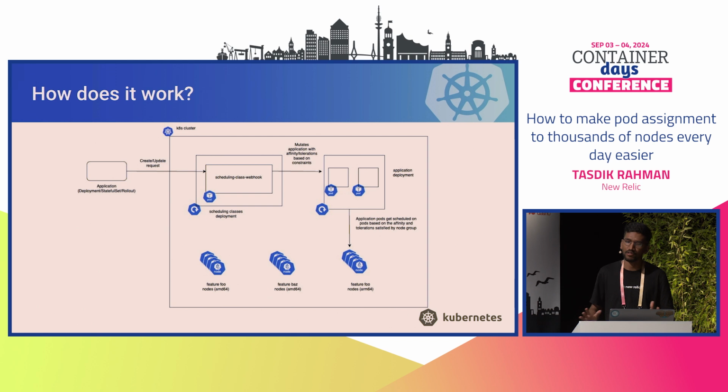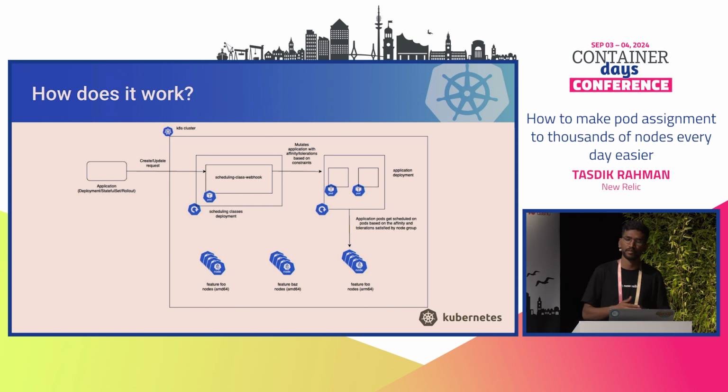Here's a very high-level overview of the flow in a Kubernetes cluster where this webhook is deployed and configured. The webhook executes every time the resources of, for example, deployment, rollout, and stateful set are created and updated. It validates some precondition requirements.